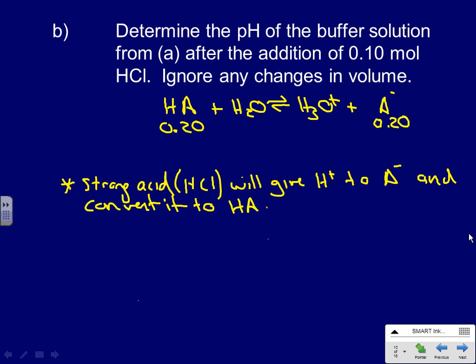In this case, we're adding a strong acid. What does the base do? It says, don't worry, I'll take care of that. I'm going to neutralize that acid by accepting all of those H pluses.